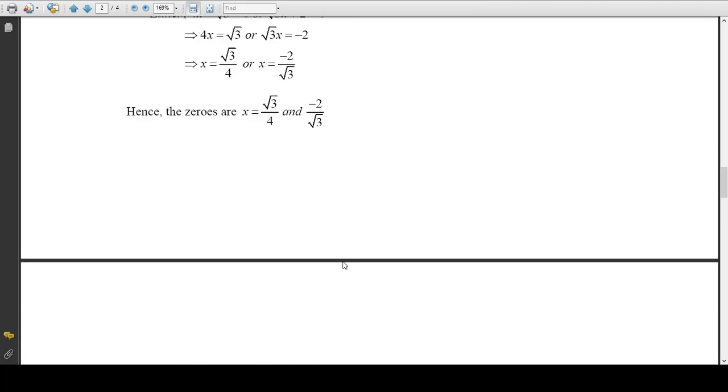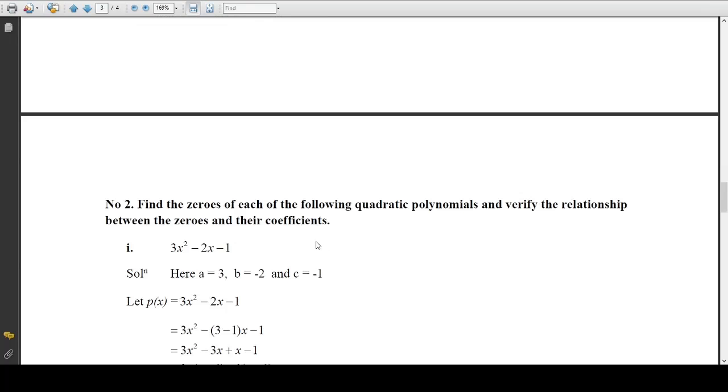Clear? Next, second problem from here. Find the zeros of each of the following quadratic polynomials and verify the relationship between the zeros and their coefficients. After we get the zeros, we have to verify the relationship. Remember, in the first class we discussed the relationship between zeros and coefficients.